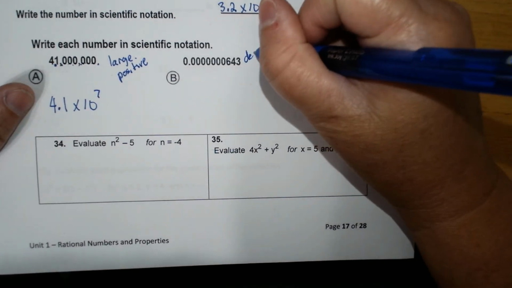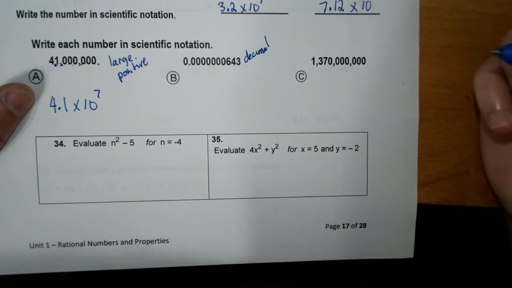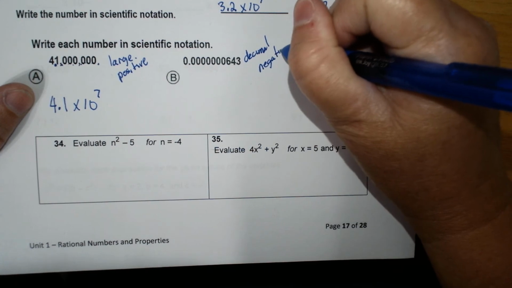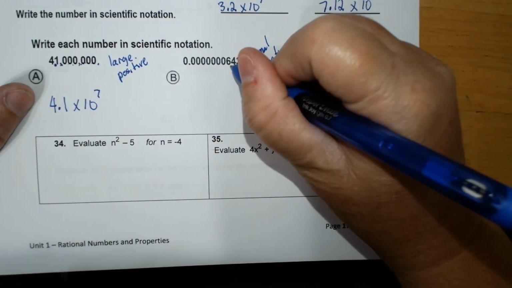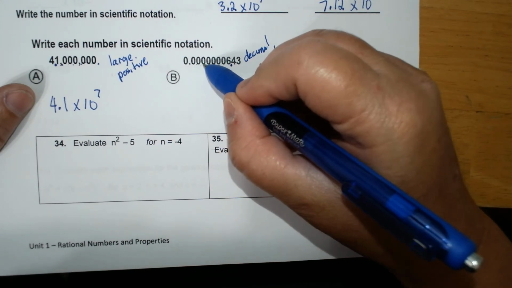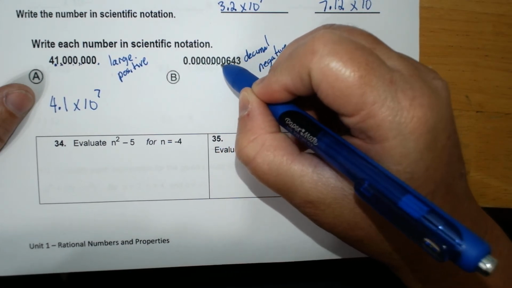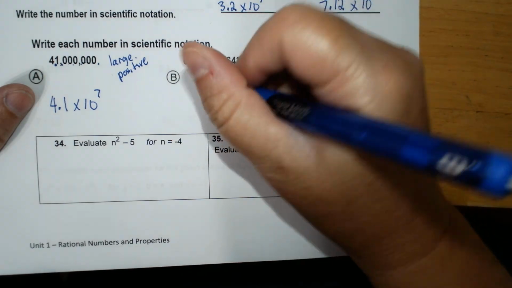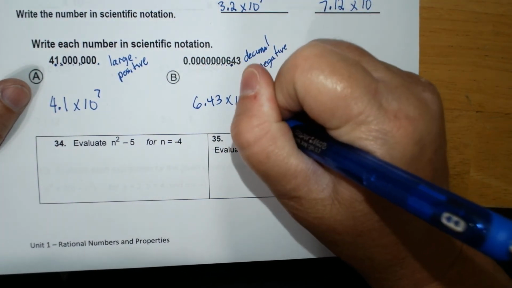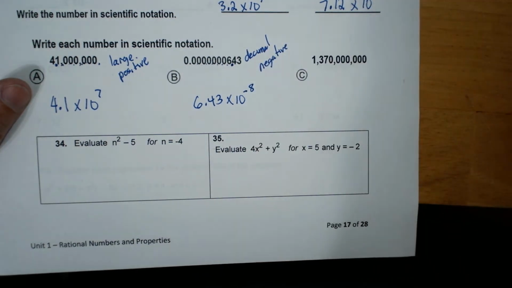This has a decimal. It's small. It's going to have a negative exponent. That decimal has to travel from there all the way to there. 1, 2, 3, 4, 5, 6, 7, 8. 6.43 times 10 to the negative 8.